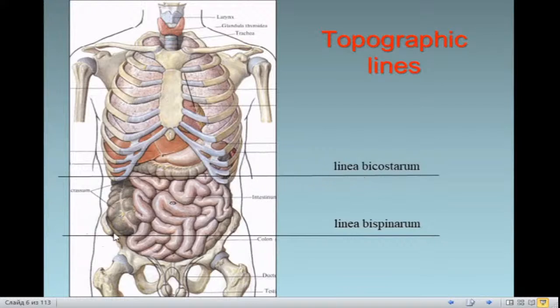The other one is called linea bispinarum in Latin, and it connects the spina iliaca anterior superior. These two lines divide the abdominal region into epigastrium, which is above, mesogastrium, the middle floor, and hypogastrium, which is below the lower line. So these three floors: epigastrium, mesogastrium, and hypogastrium.